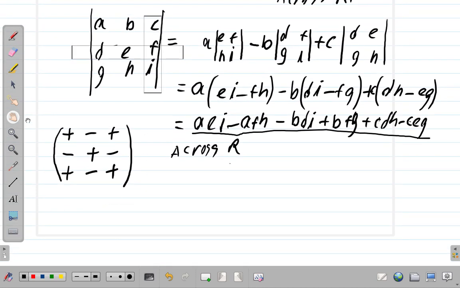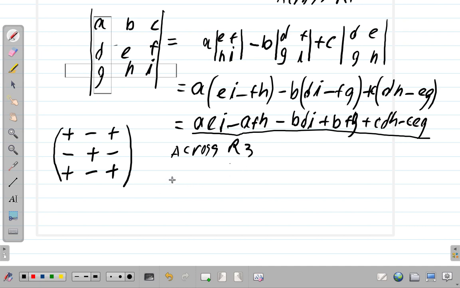So now, we move this rectangle down here to cover. Now we're covering G. We're covering both the row and column that contains G. So we are covering across row 3.